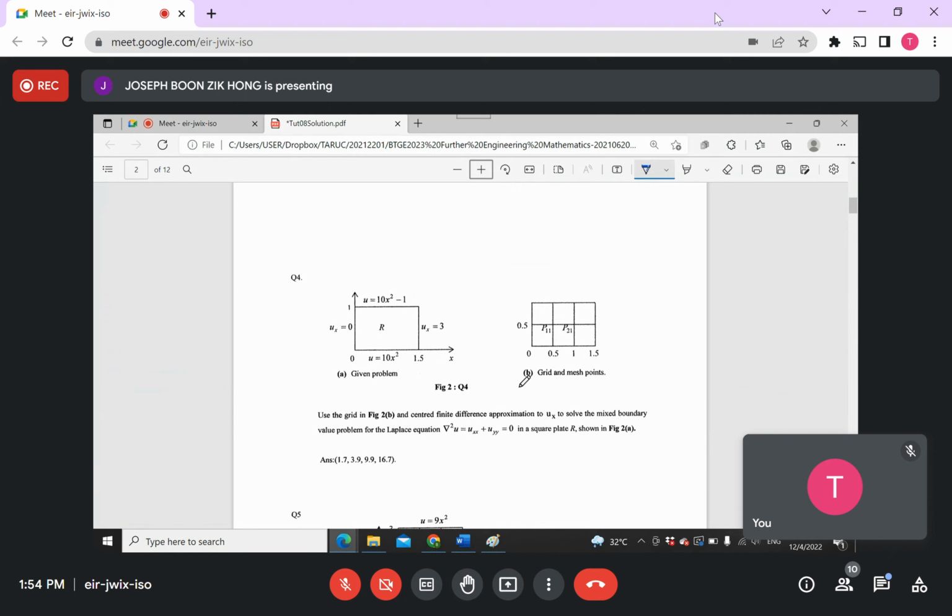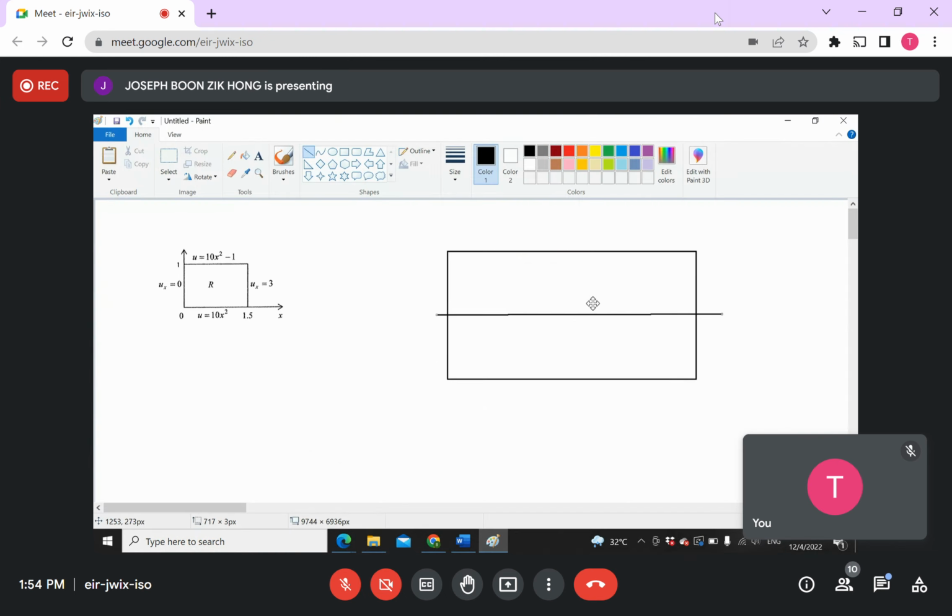No, does not mention. I assume that delta x equal to delta y. Here, sorry, it's 0.5. So that means I should have here, actually, first I only need like this, which is 0, 0.5, 1, and then 1.5.